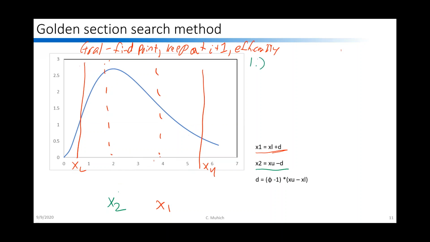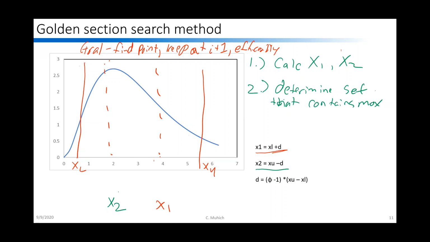So let's look at our individual steps. Step 1, we calculate x1 and x2. Step 2, we're going to determine the triplet set that contains our maximum. This would work for the minimum too. So what I mean by determine the triplet set: first we'll look at xl, x2, and x1.